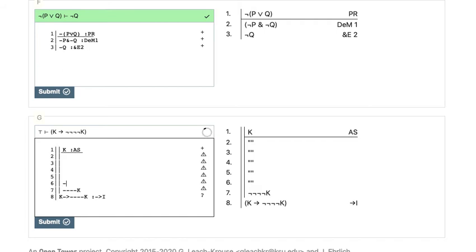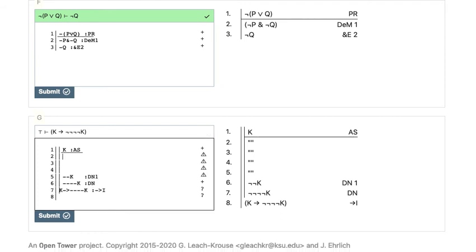So if on line 6 we had not K, somehow, then on line 7, double negation would let us write down 4 nots and then K. But we can get not K, again, by double negation, but now just from line 1. We already have K, we can add 2 negations to it. So we don't actually need this extra space.